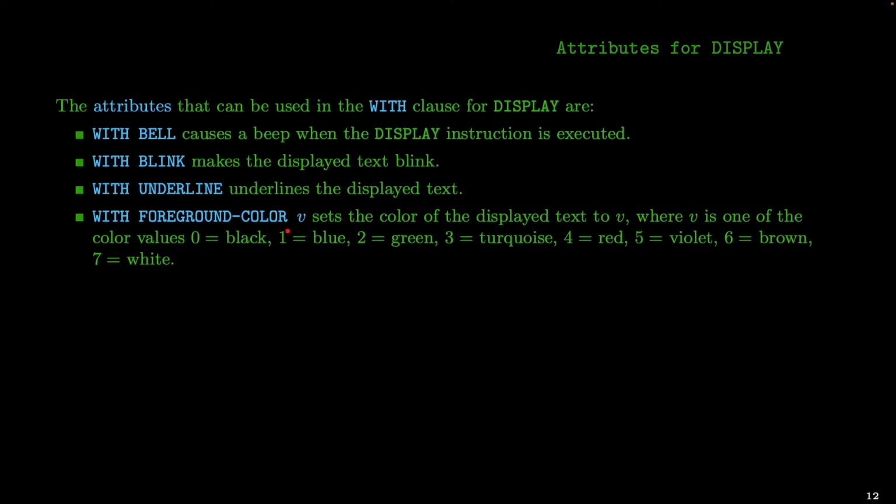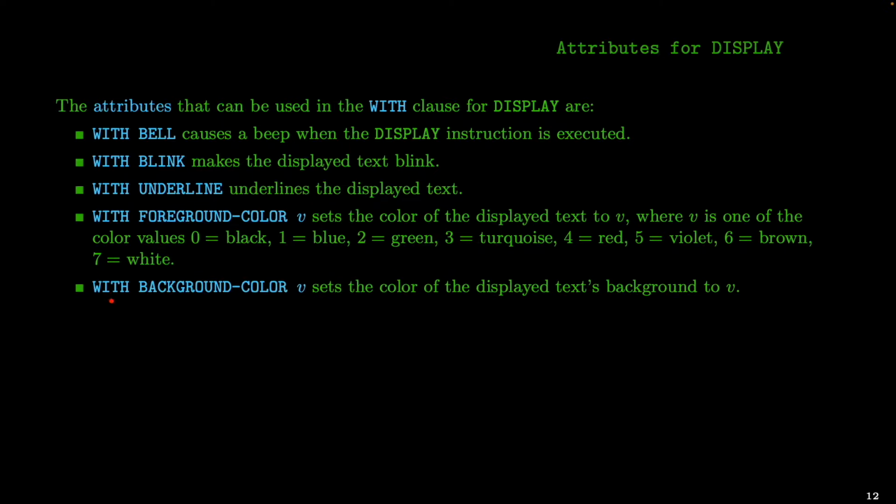With foreground color V, so here we can actually set a value, sets the color of the display text to the value V. And we can choose between these 8 values here. 0 is black, 1 is blue, 2 is green, and so on, until we have 7, which is white.